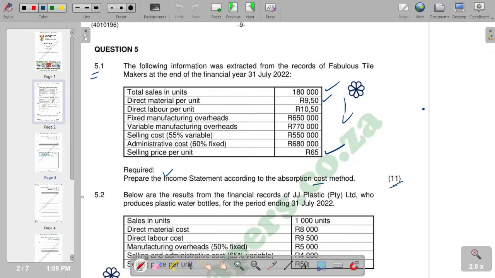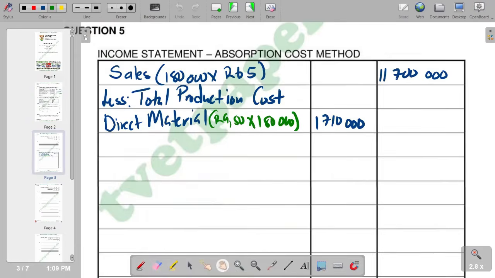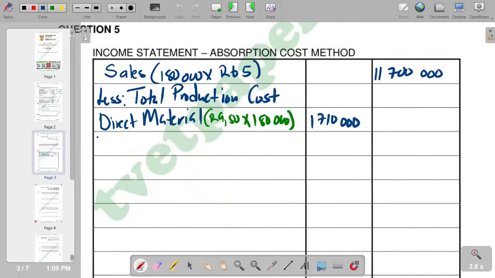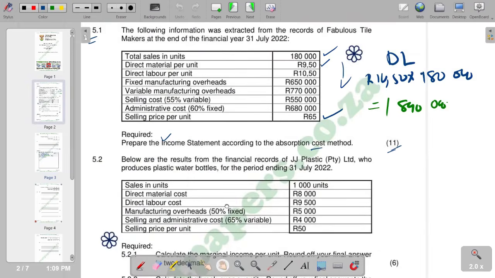Let's see what we get: 1,890,000. In brackets, we show the calculation for direct labor: 10 rand 50 multiplied by 180,000.